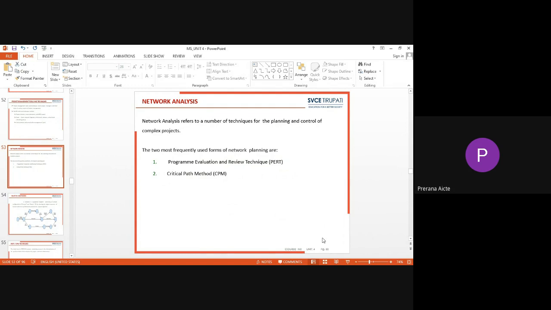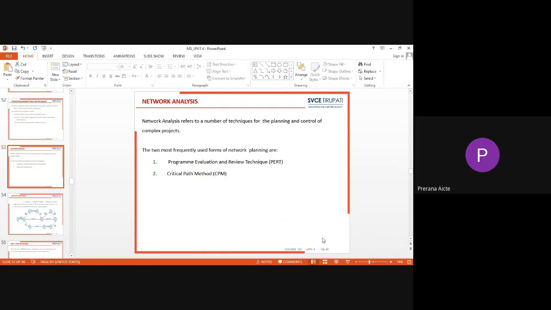The PERT technique is generally used where the project is carried out for the first time. That is, it is especially applied for projects which are being carried out for the first time, which means non-repetitive types of activities.